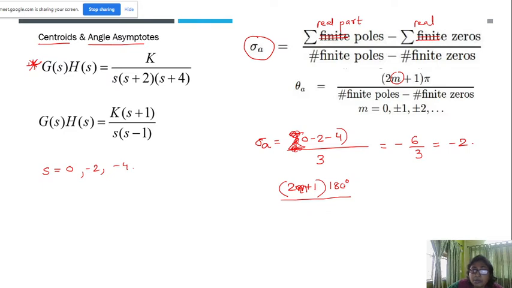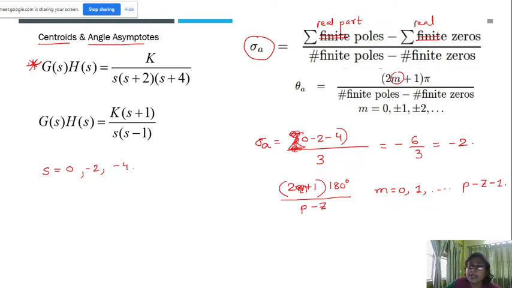So it will be (2m+1) 180 degree over p minus z, where m is 0, 1, up to p minus z minus 1. So what does it mean? How many angles of asymptotes you can calculate depends upon the number of open loop poles and zeros in your system.